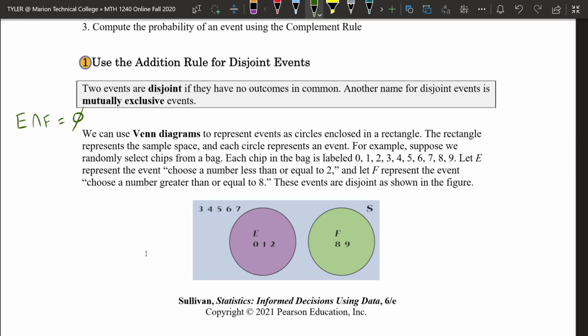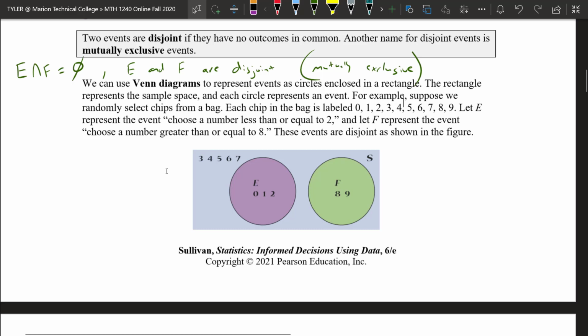If this is true, then we can say that E and F are disjoint or mutually exclusive. It's just another term.